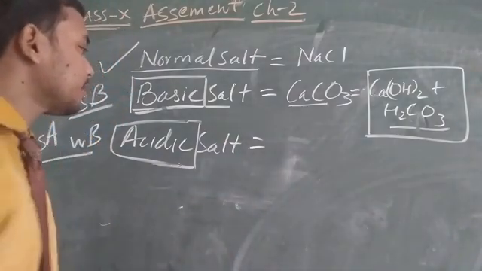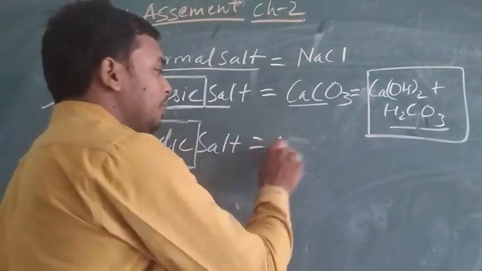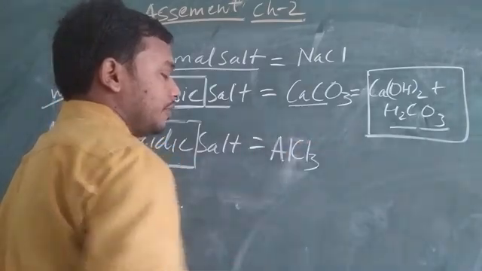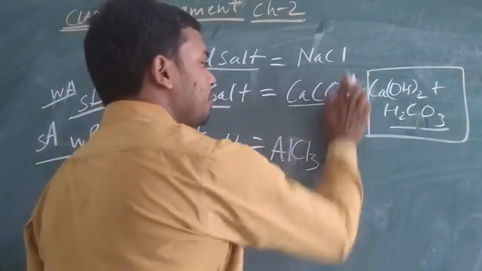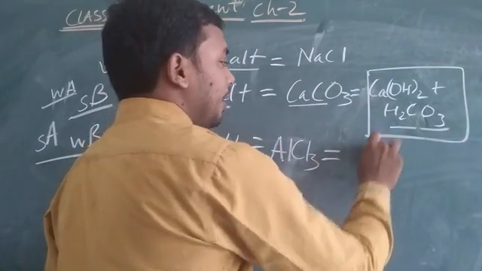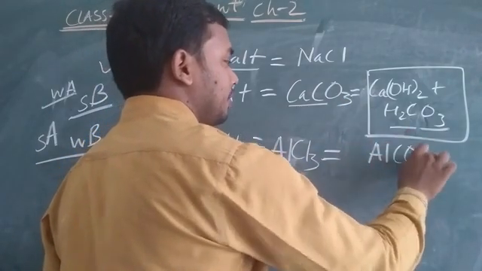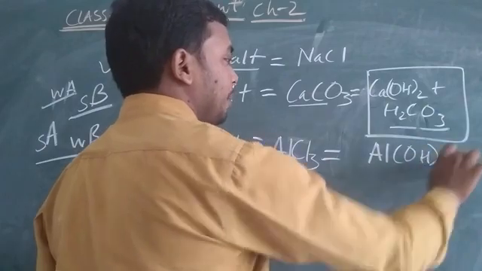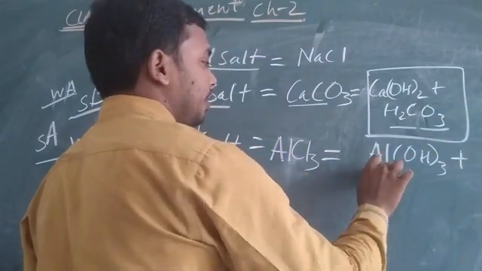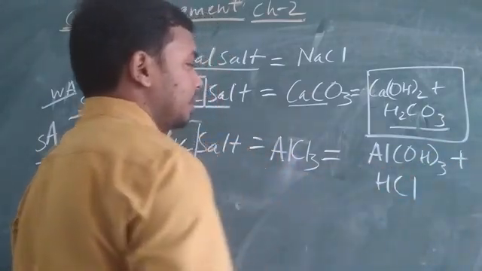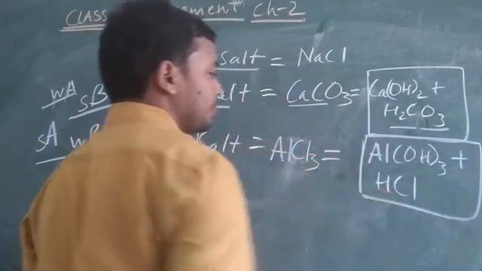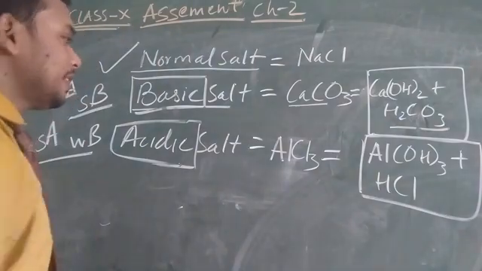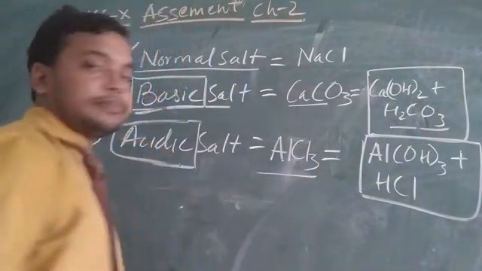In this combination there is aluminum chloride. Which combination is it formed from? Aluminum hydroxide plus HCl. So it will form aluminum chloride, that's an acidic salt.